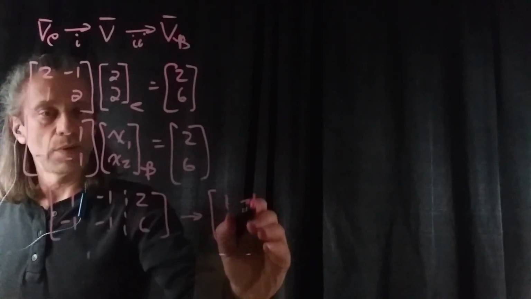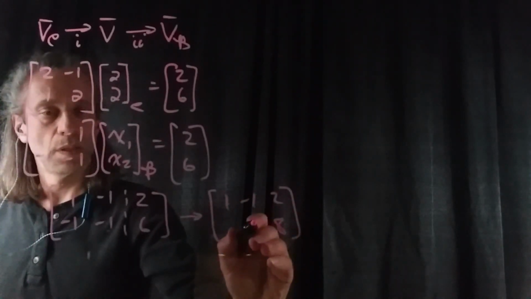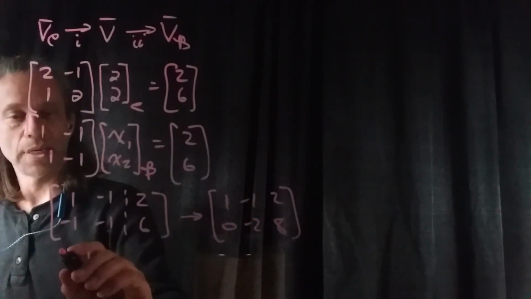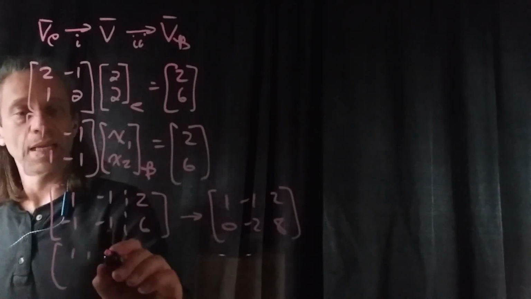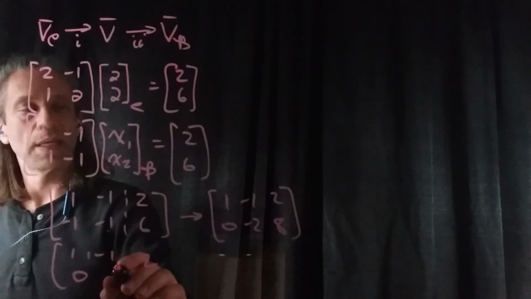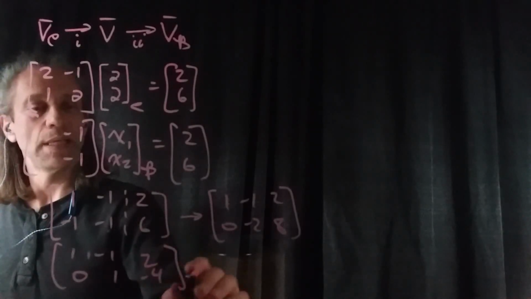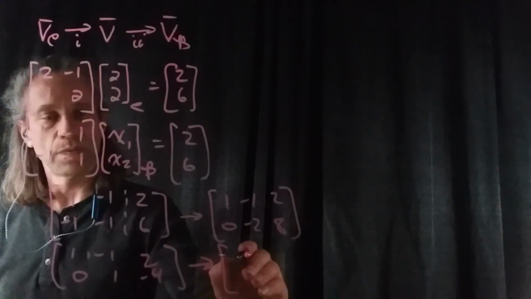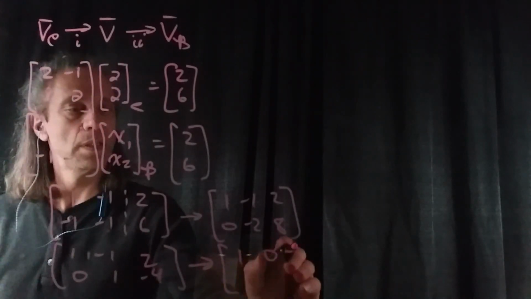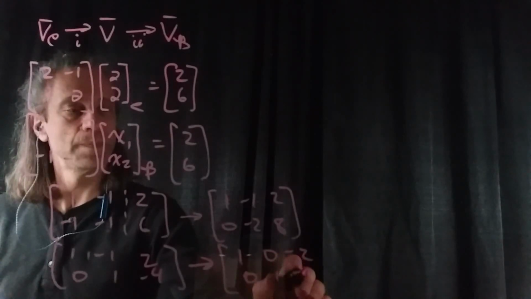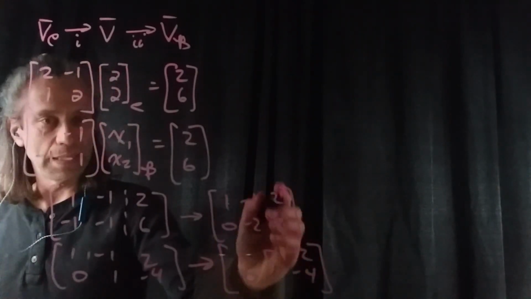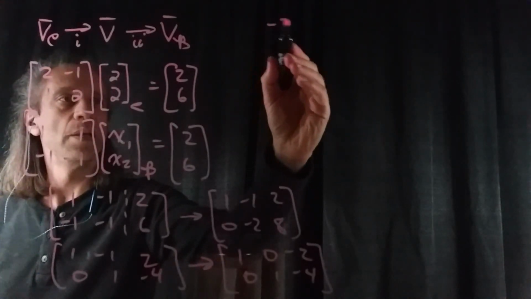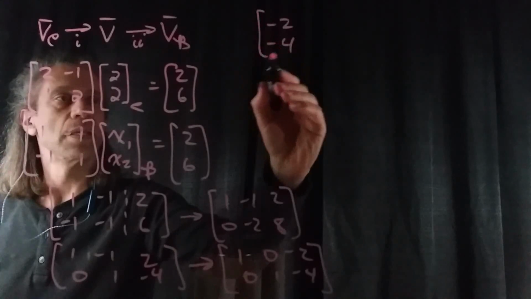Adding the first row to the second row, we're going to have that, and then dividing the second row by a negative a half, we're going to have that, and then finally we can add the second row to the first row. Which means that with respect to the basis B, the coordinates are minus 2, minus 4.